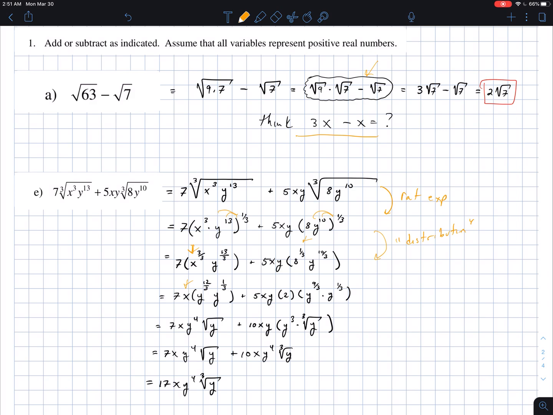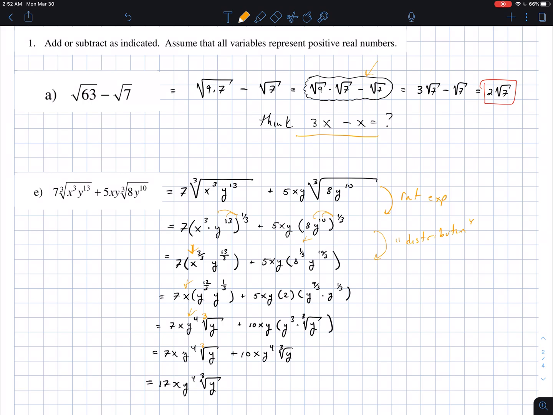So that means I can actually take a y to the 4th out. And then what's left over is the cubed root of y. I missed one thing, so I'll put that there, the cubed root of y. And I missed it here too. Little accidents happen.